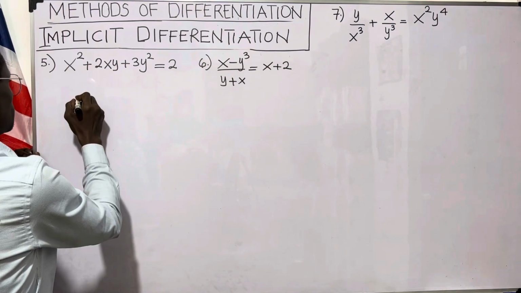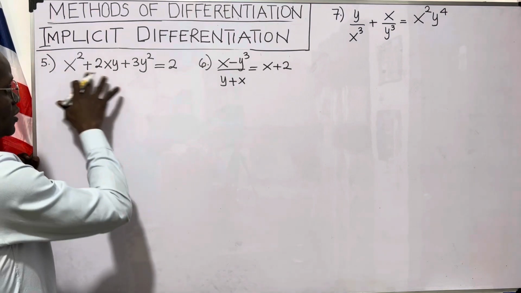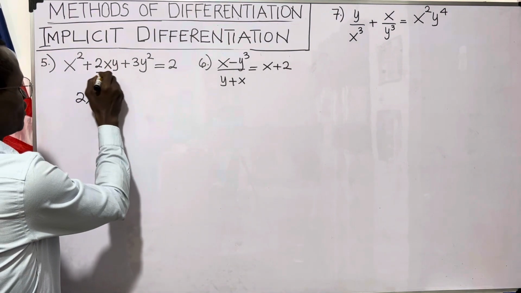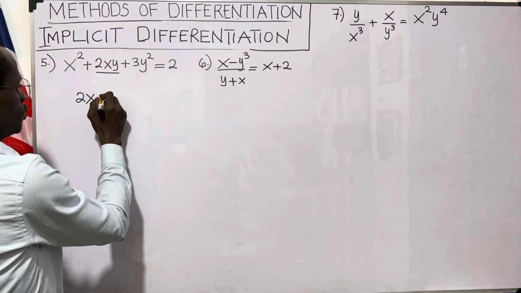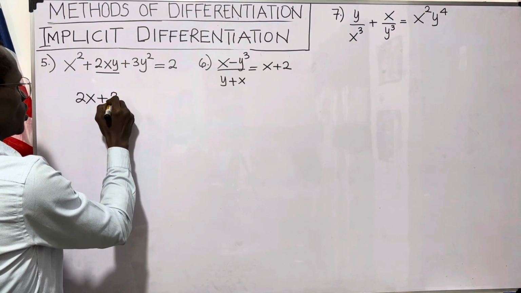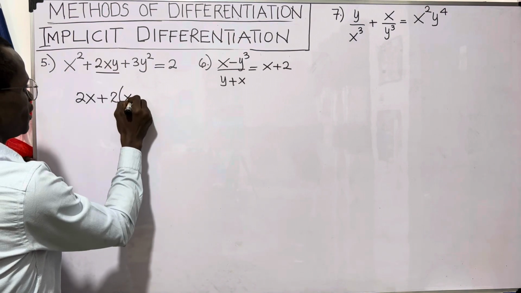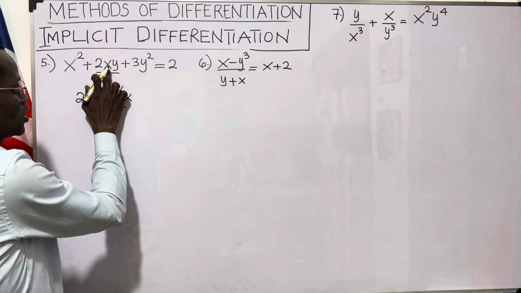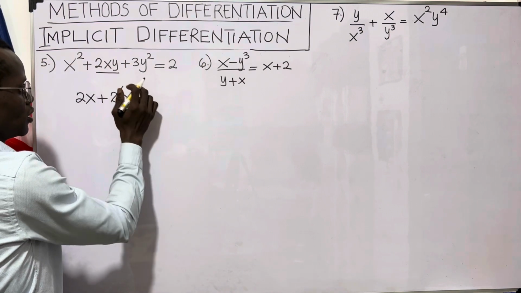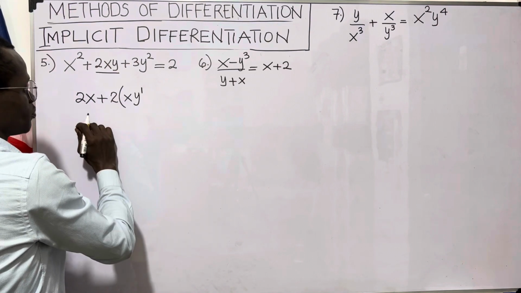So x squared gives 2x. We are now differentiating. For 2xy we have to use the product rule because we have x and y combined. So we hold the 2, we hold x and differentiate y. The product rule says hold the first one, differentiate the second one. So the derivative of y is 1, but we attach y prime.